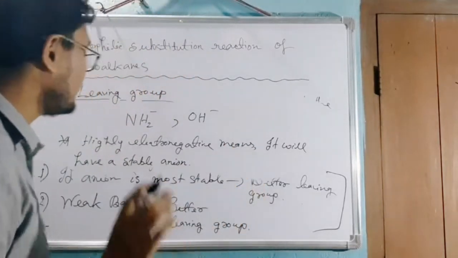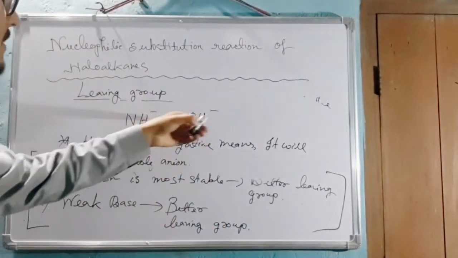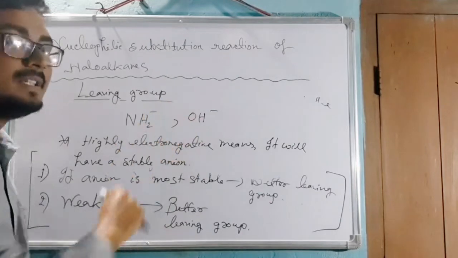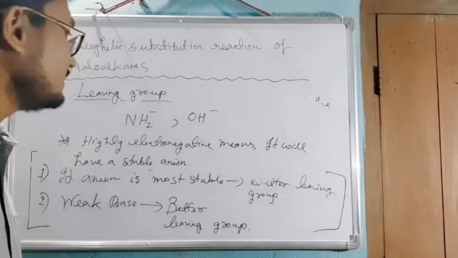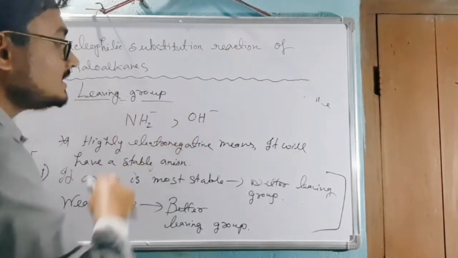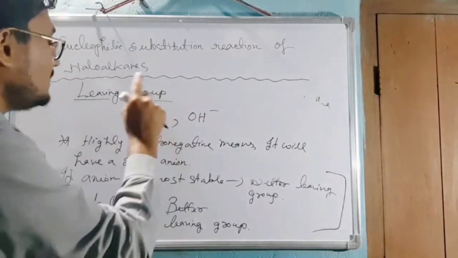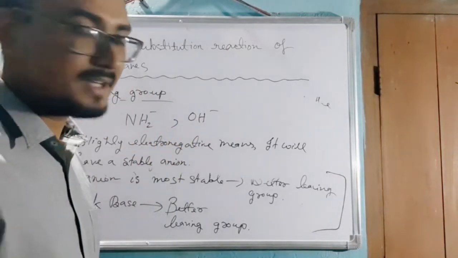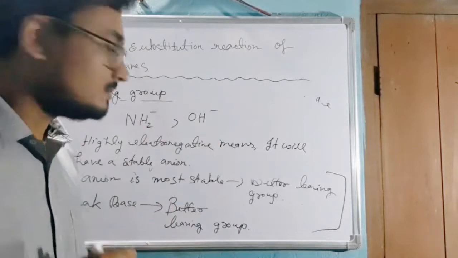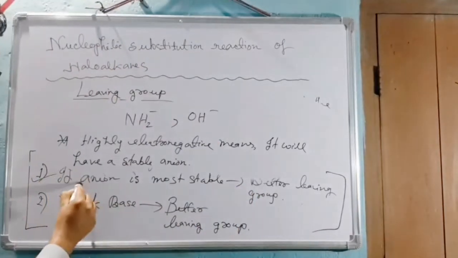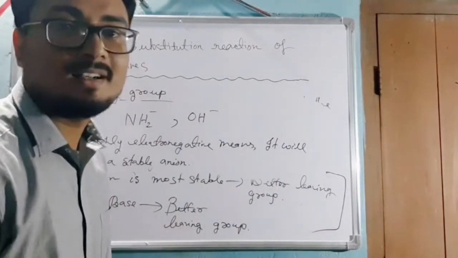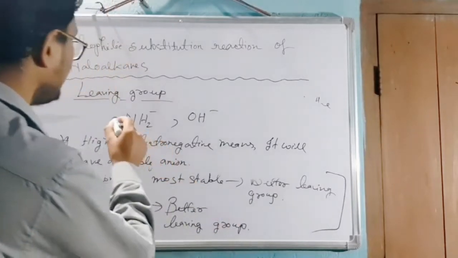Did you write it down? Between these two, oxygen is highly electronegative. So since oxygen is electronegative, it will have the most stable anionic part. Most stable anion means it is a better leaving group.